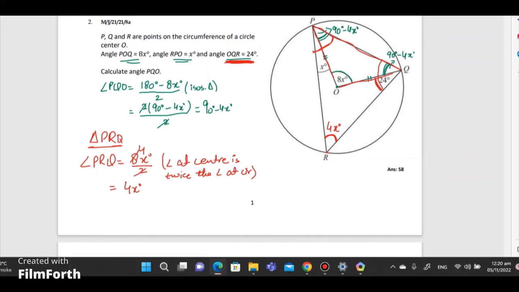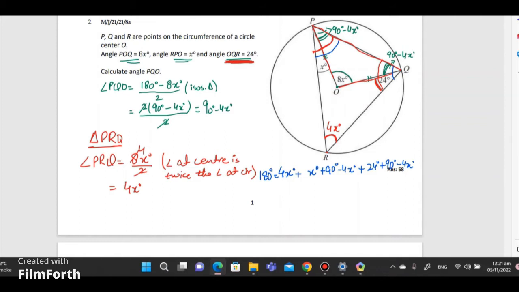Since I know all three angles of this triangle, and I know that the angle sum of a triangle is 180 degrees, when I add them, 4x degrees plus this whole angle, that's x degrees plus 90 degrees minus 4x degrees, plus this whole angle, that's 24 degrees plus 90 degrees minus 4x degrees, I should be getting 180 degrees.